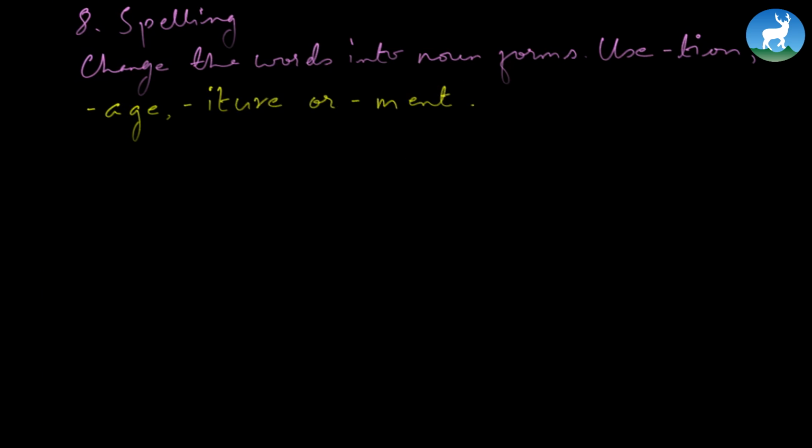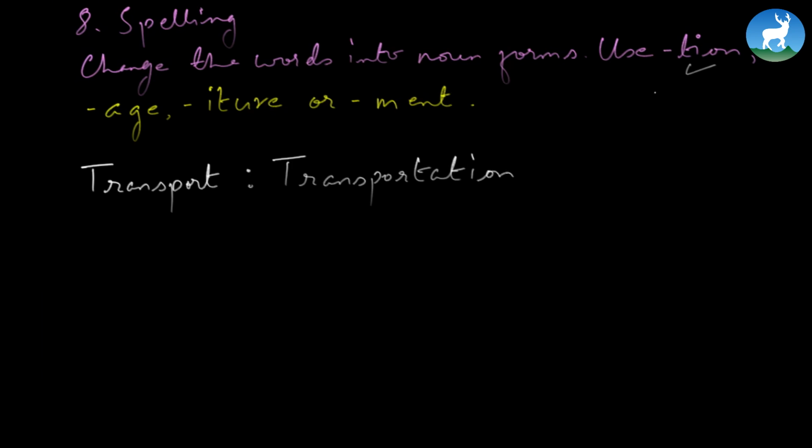For example, the first word given here is transport. By adding tion, we get transportation. Remember, for this one we added tion as a suffix. Suffix means we added it at the end, and that makes it transportation, and of course making it a noun at the same time.